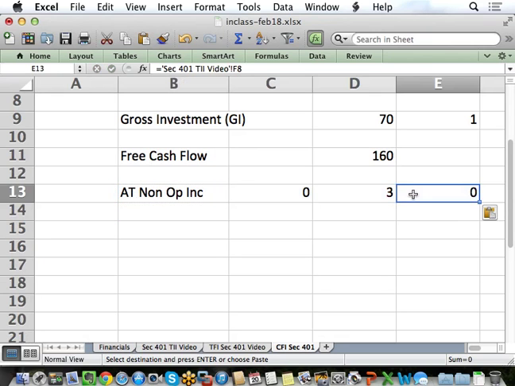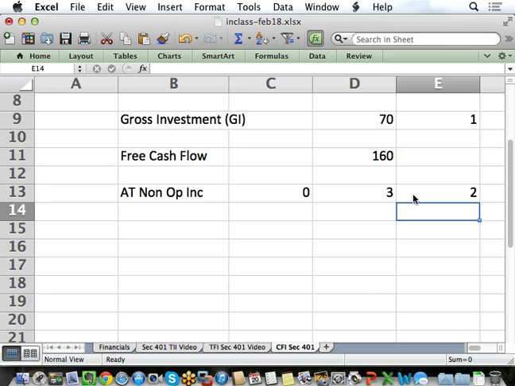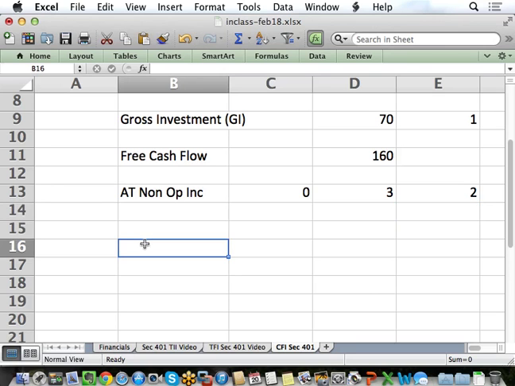That was my 2 off of the income statement, my non-operating cash flow from the income statement. Right? Now, what we're eventually trying to solve for is something called cash flow available to investors, CFI.